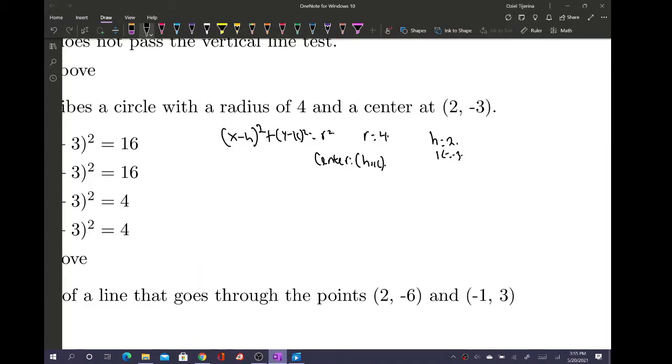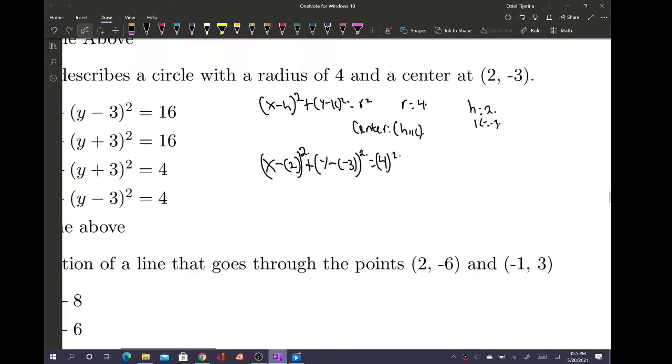So if we plug this into our equation, we would say x minus, and we want to put parentheses, even though it's positive, we still want to put parentheses in case there aren't any negatives. (x - 2) quantity squared, like the whole thing squared, plus (y - -3), and all of that squared equals 4 squared, right?